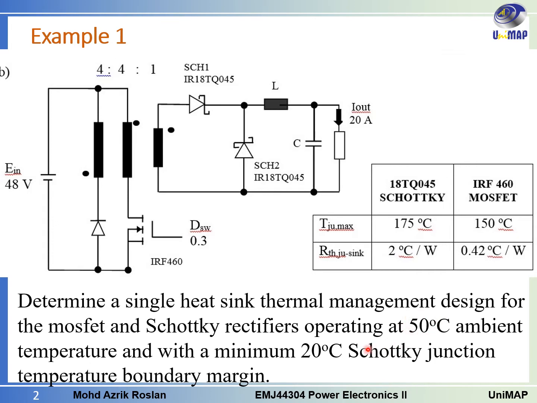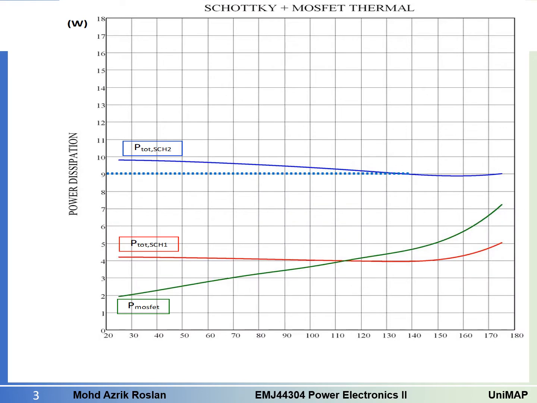We have the 50 degrees C ambient temperature, and we have to design it with a minimum 20 degrees C Schottky junction temperature boundary margin. For the thermal management design question, usually you will be given this power dissipation versus temperature graph, and this graph will contain the trend or characteristic curve for the Mosfet, the Schottky 1 and Schottky 2.